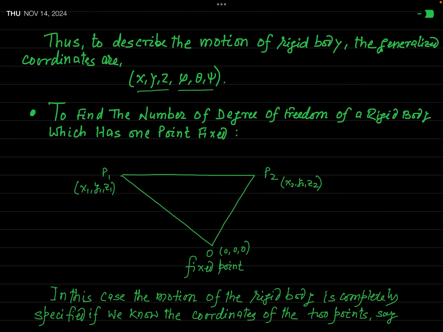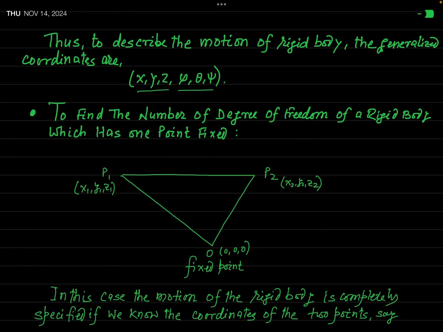But what will happen actually when we impose extra constraint, other constraint? Actually, in addition to the constraint of rigidity, if the body has additional constraint, then this degree of freedom will further reduce. Okay, and if the degree of freedom will be further reduced, the number of independent variables or generalized coordinates to describe the motion of rigid body will also reduce.